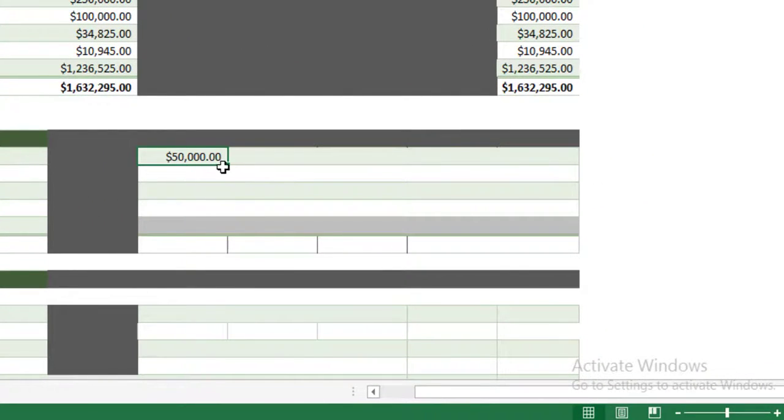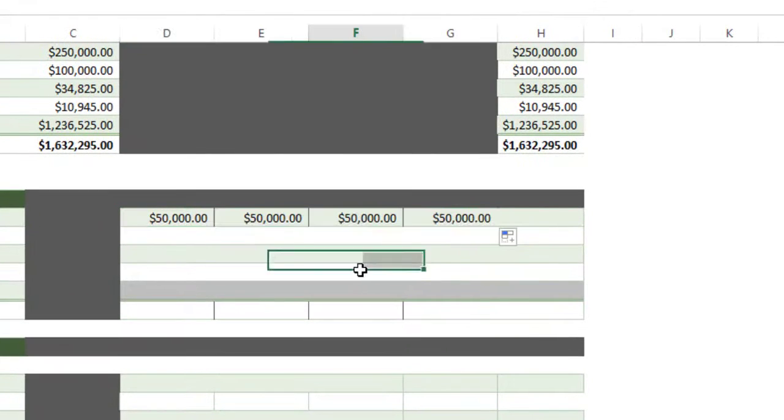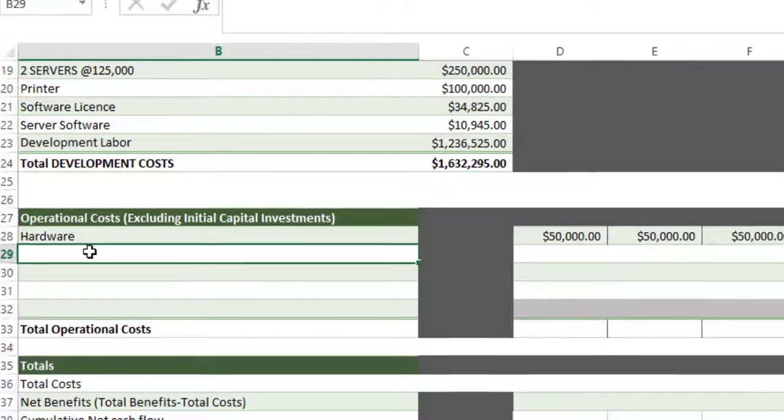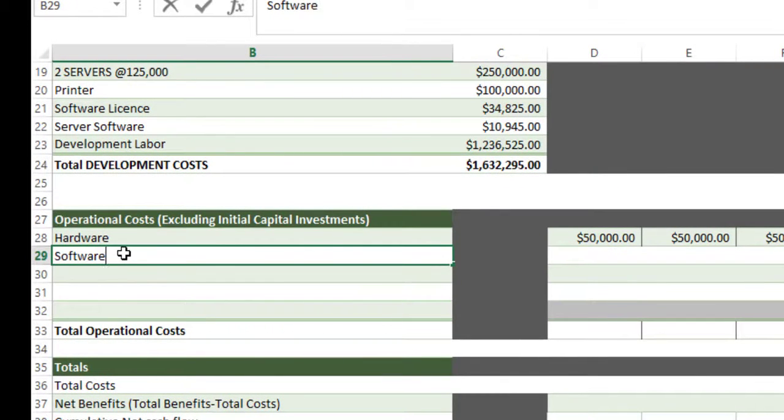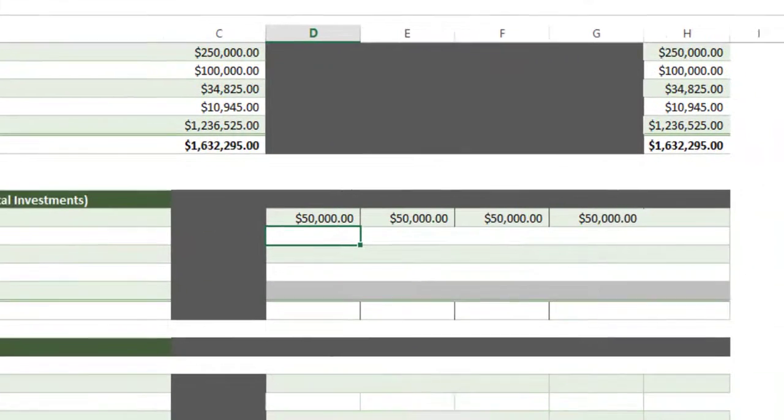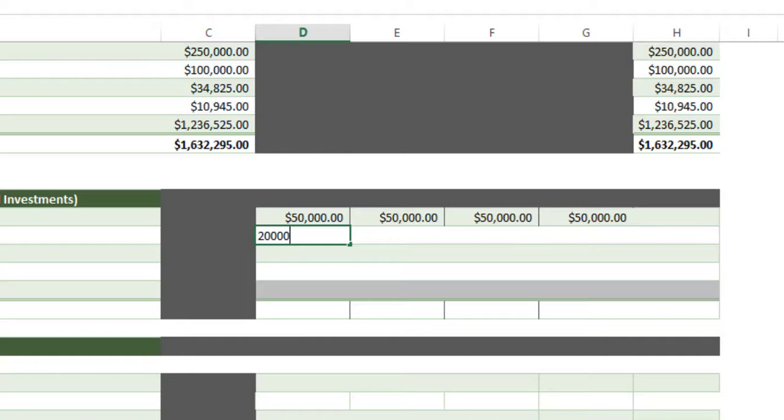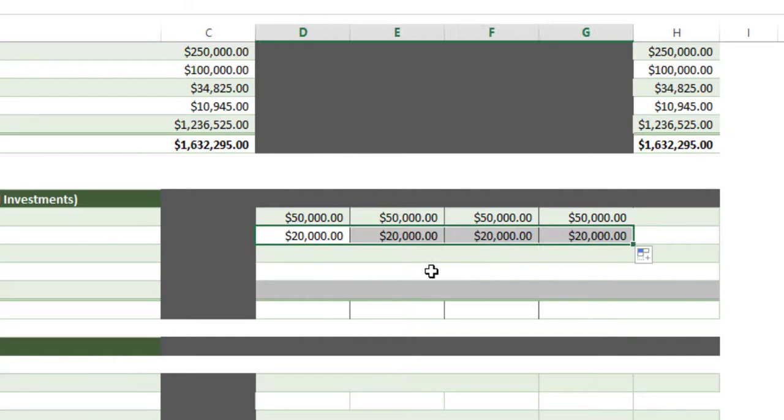And this is going to be the same for the 4 years. We are going to have software maintenance, that would be 20,000. Again, it's going to be 20,000 across the 4 years.